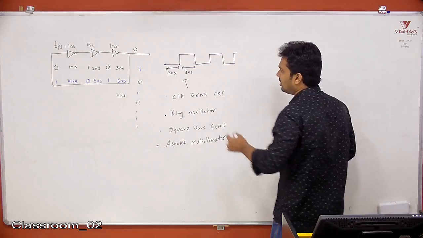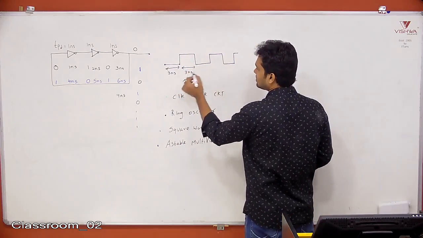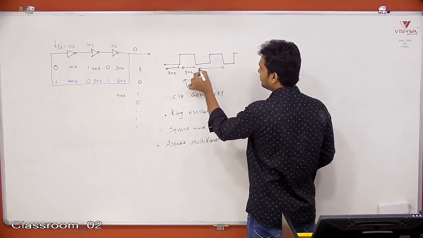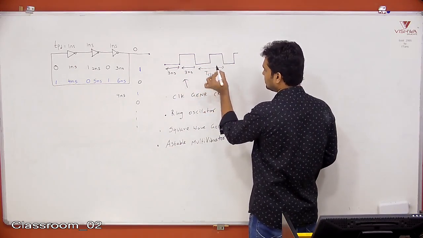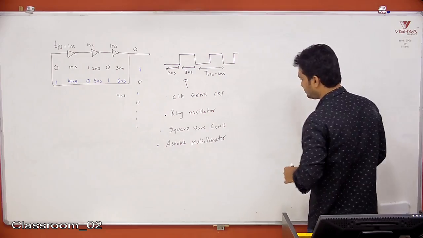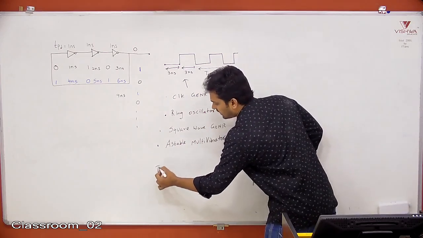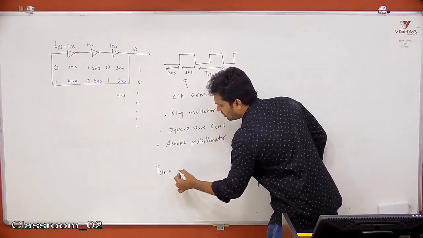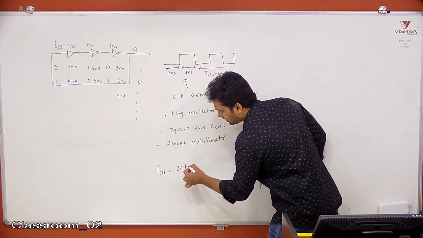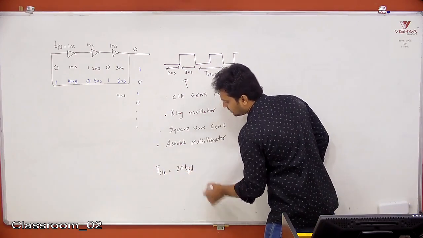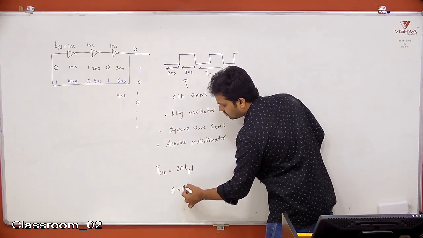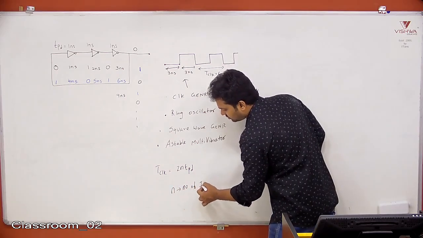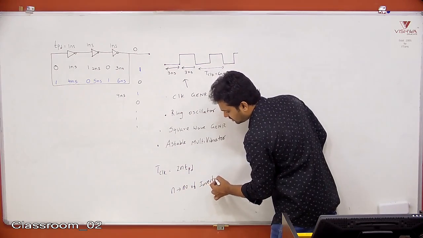Here, we can say, is the time period of the clock. What is the time period of the clock here? 6 nanoseconds. Another formula in this case is time period equals 2n TPD. Here n is the number of inverters in the loop.